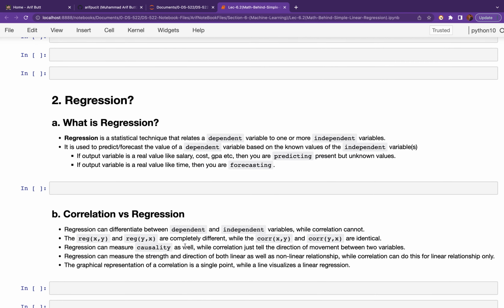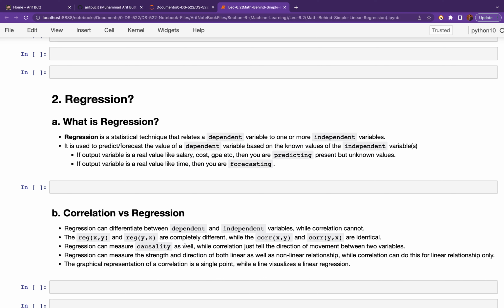Okay. My dear students, I think now I have set the stage right to have a clear and deep understanding of regression. Simply speaking, regression is a statistical technique that relates a dependent variable to one or more independent variables. It is used to predict or forecast the value of a dependent variable based on the known values of one or more independent variables.